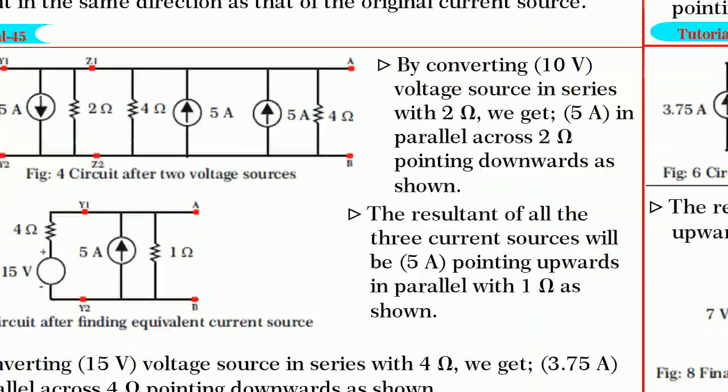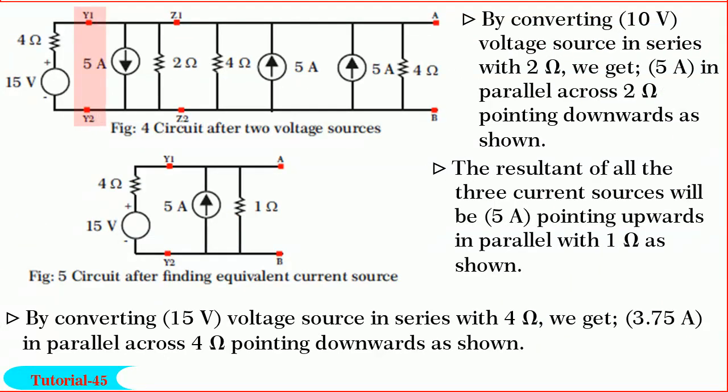Now, you observe that to the right of y1 and y2, three current sources are in parallel. Hence, their equivalent will be 5 ampere plus 5 ampere minus 5 ampere, which is equal to 5 ampere flowing upwards, with an equivalent resistance of 4 parallel 4 equal to 2 ohm and 2 parallel 2 equal to 1 ohm as shown.